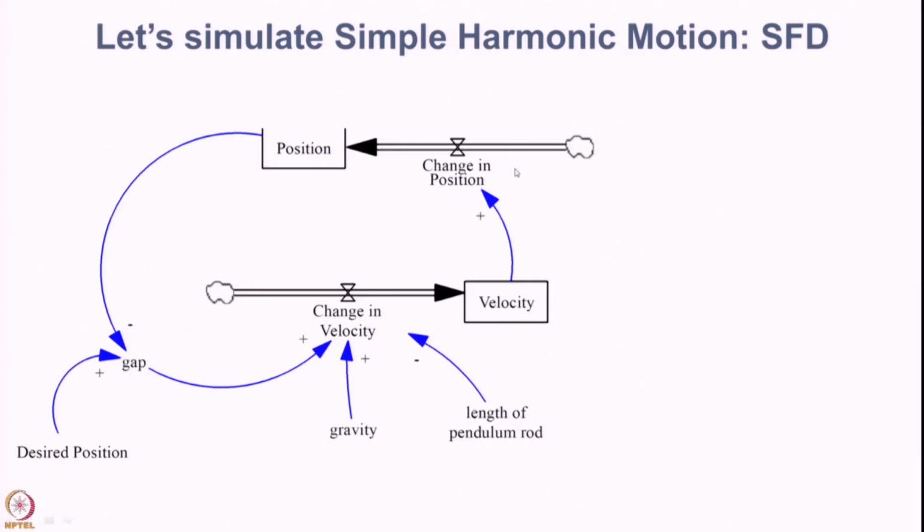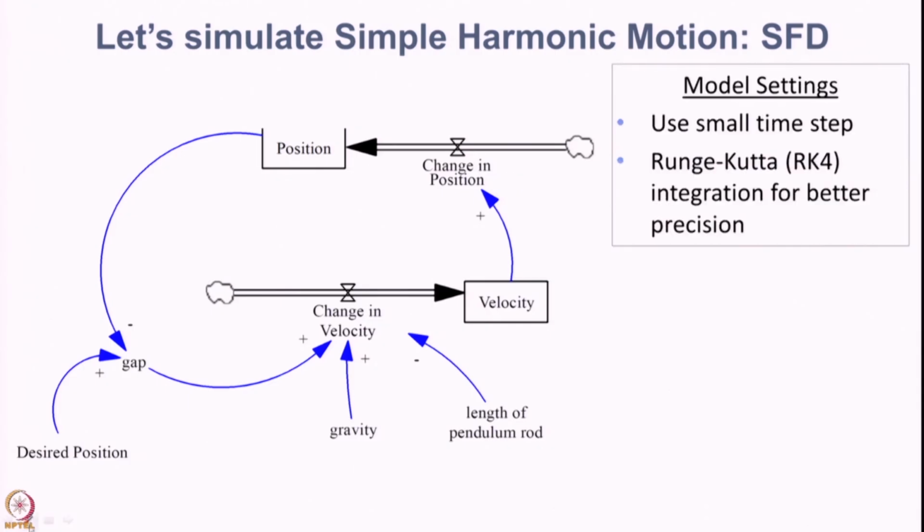So, the change in position, the equation for that is nothing but is equal to velocity, and the change in velocity is simply given as gravity divided by length of rod multiplied by the gap, and gap itself as defined is given as the difference between desired position and the actual position, right. The units were described earlier.